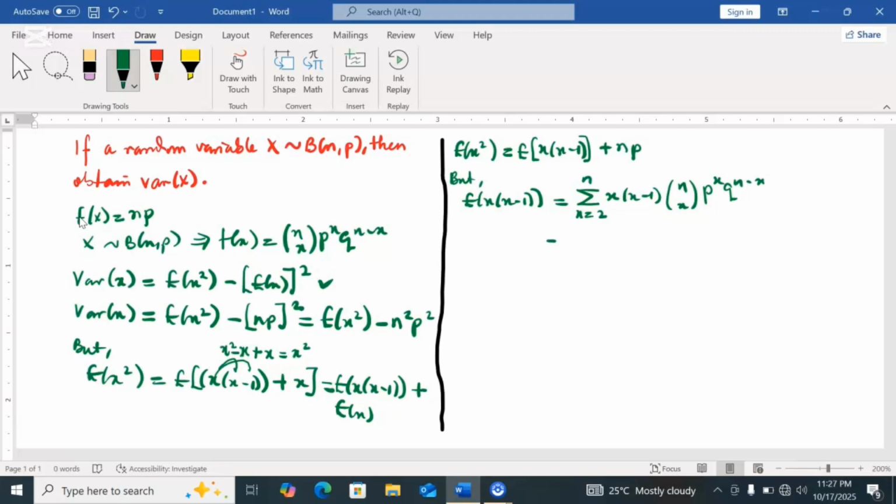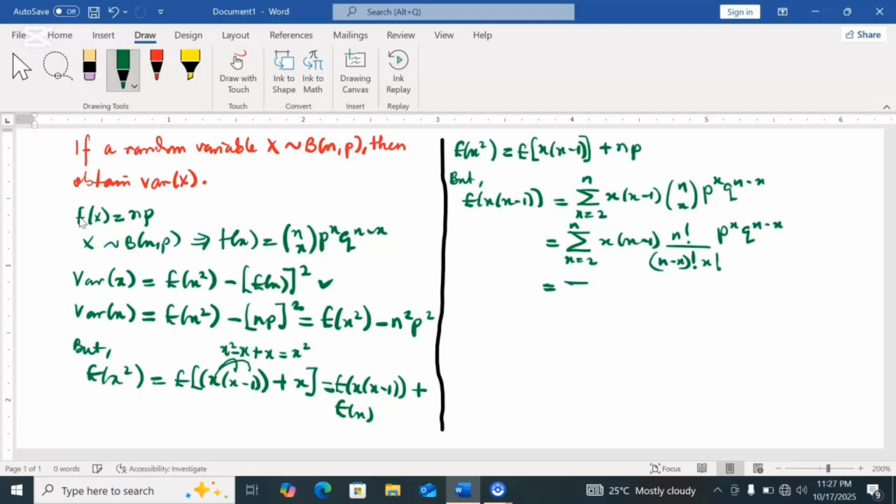Now, the next thing we are going to do will be to expand and simplify. So this will be summation from x equals 2 to n of x times x minus 1, and I'm going to expand n combination x to give us n factorial over n minus x factorial x factorial, and then this will be p raised to power x, q raised to power n minus x, of course.